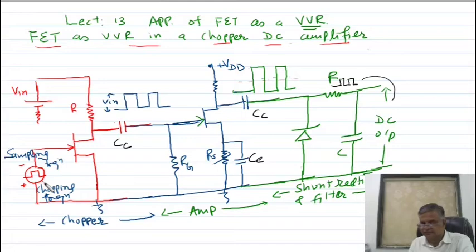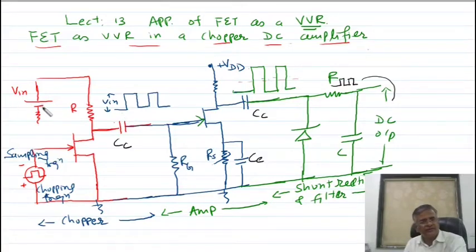When the gate is negative, this FET does not conduct, so you will get maximum output voltage, V in. But when it conducts, there is maximum voltage drop and you will get 0 voltage. In this way you get the AC signal from this DC V in.